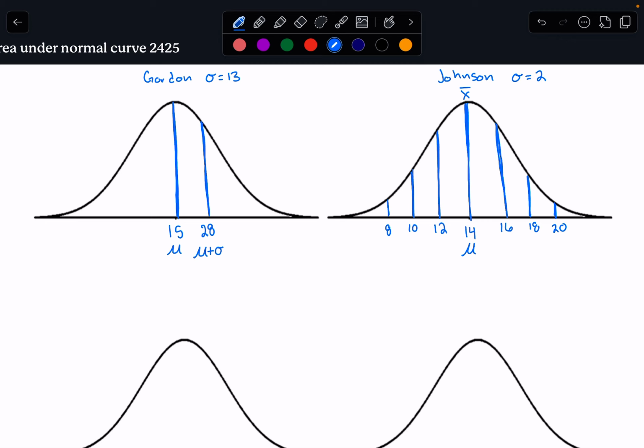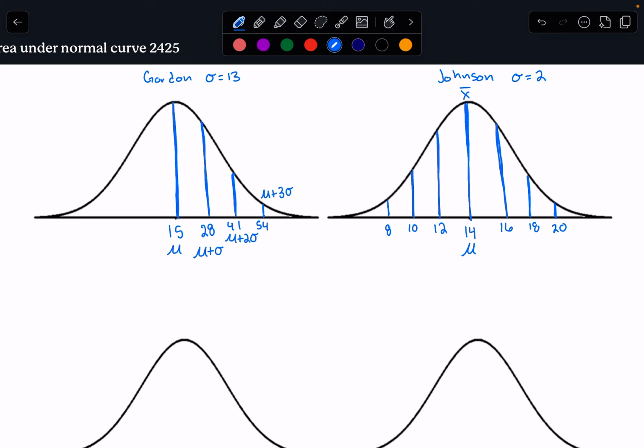That means the same thing as 28, just one of them is the actual number and the other one is the algebra behind it, right? So then I can go up another standard deviation, and that goes up to 41 points. Another way that I could say that is the average, but this time I added 2 standard deviations. And then my next one is going to be 54, and that one would be the average plus 3 standard deviation amounts.